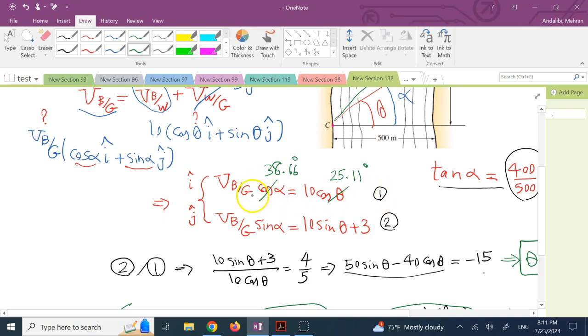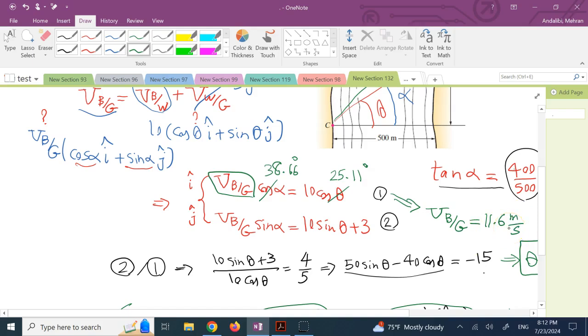If you do that, then that should give you VBG. So if I solve for VBG, the velocity of the boat with respect to the ground, I can find it. And if I do so, that is going to be 11.6 meters per second.